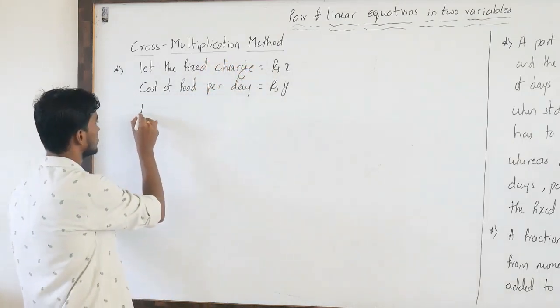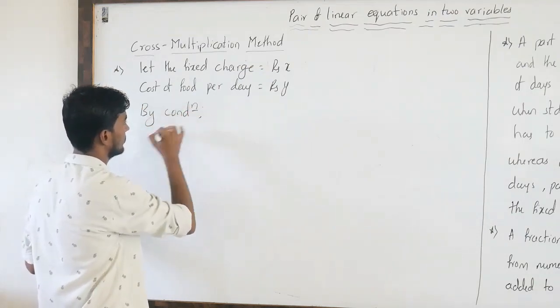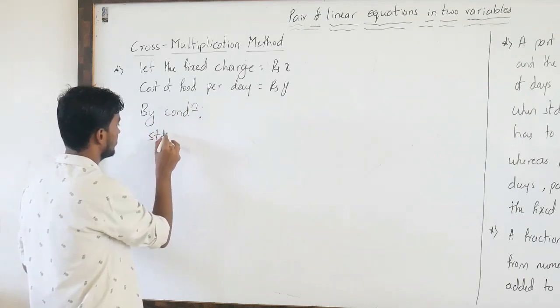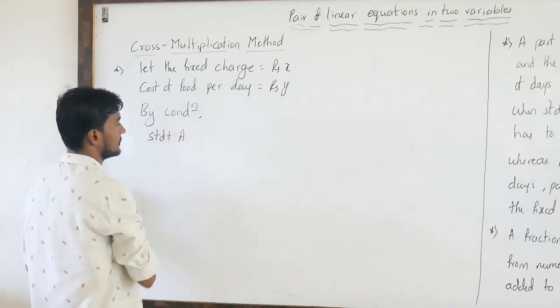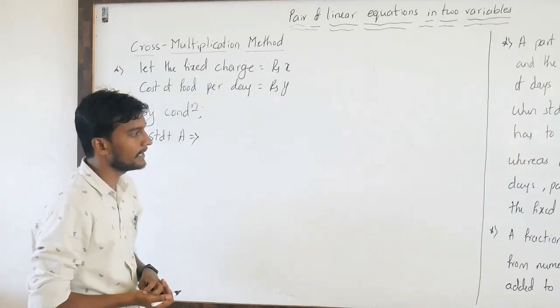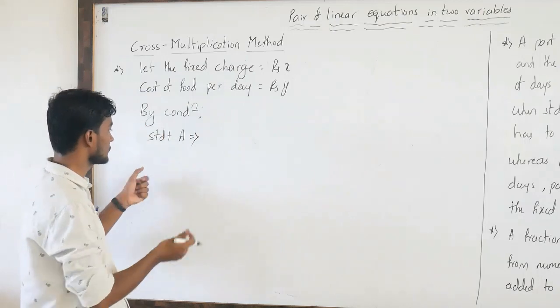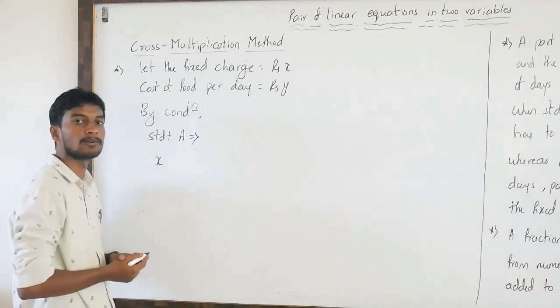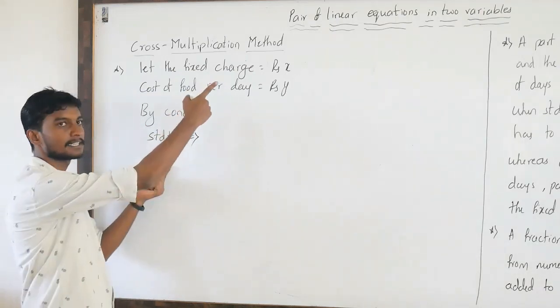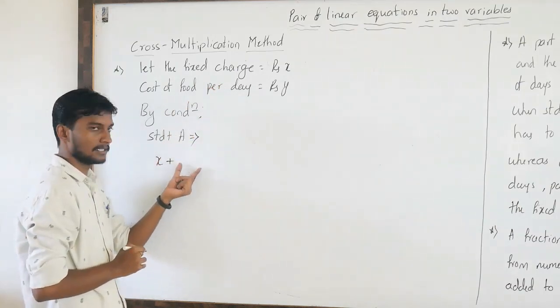According to the condition, for student A: she has paid 1000 rupees as a hostel charge. In that, the fixed charge is included, which we have taken as x, plus the cost of food.